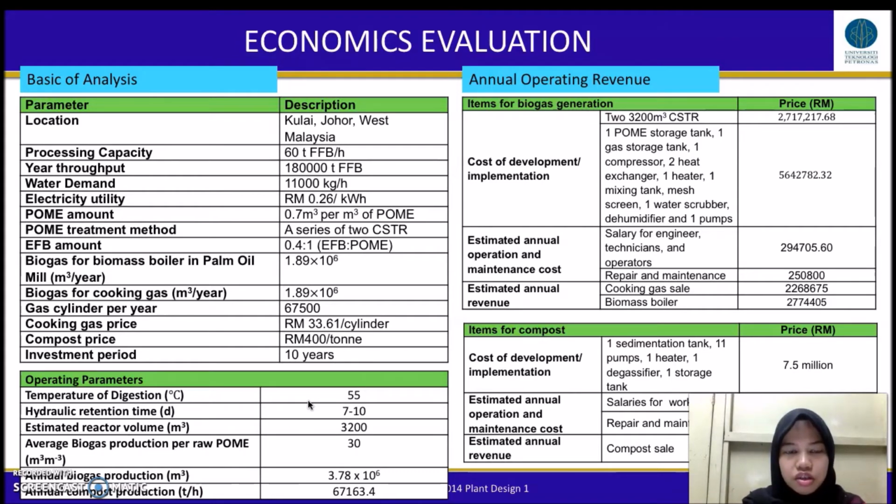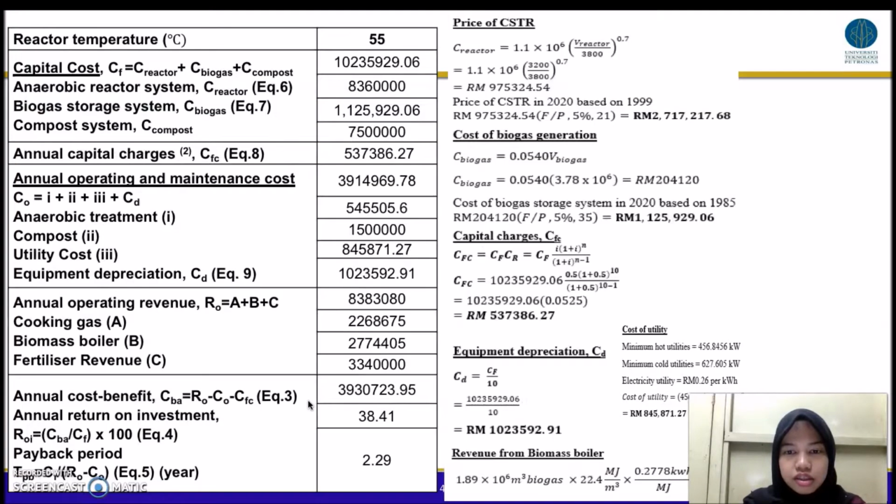From these values, we're able to calculate our estimated annual revenue. The total annual revenue is 8.4 million, while the payback period after all the calculations is 2.29 years. So that's all for this chapter. We will proceed to the next chapter, which is chapter 4 by Adriana.